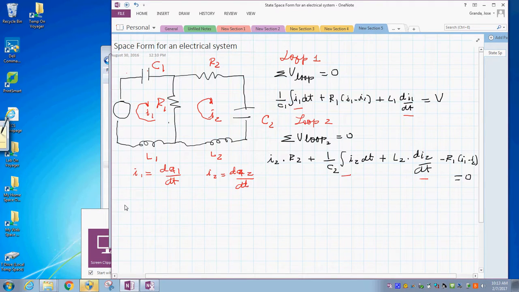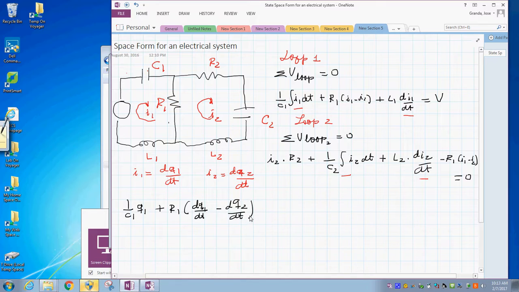That would be 1 over C sub 1 times the integral of I1 dt, which would be Q sub 1, yeah? Plus R1 times dq1 dt minus dq sub 2 dt, like that.